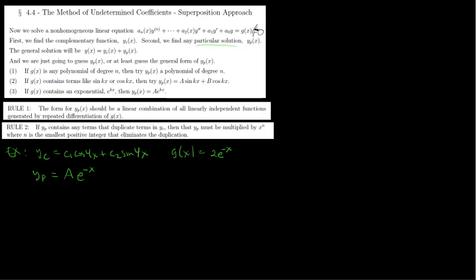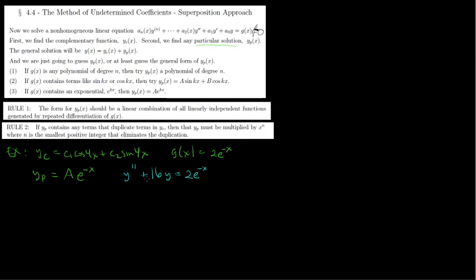Let's write down what the original equation was. Since this could also come from e to the 4ix, the original equation was y double prime plus 16y equals g of x, which is 2e to the negative x.